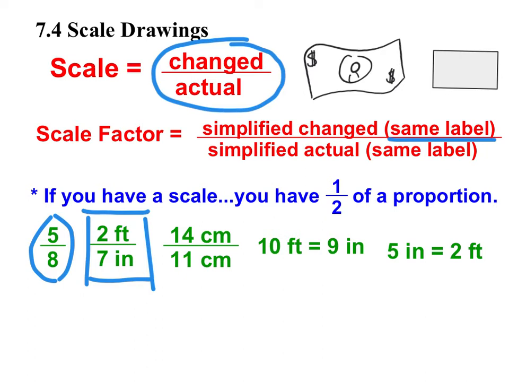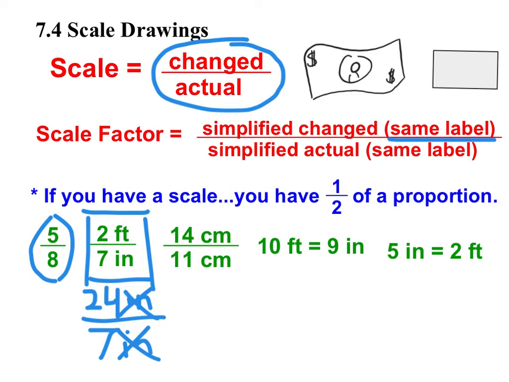Then I could write that as 24 inches over 7 inches. And once they're in the same label, the labels can disappear. And as a scale factor, I would write it as 24 to 7. In other words, an actual of 7 will grow out to 24. 7 inches to 24 inches, 7 feet to 24 feet, 7 meters to 24 meters, 7 miles to 24 miles.